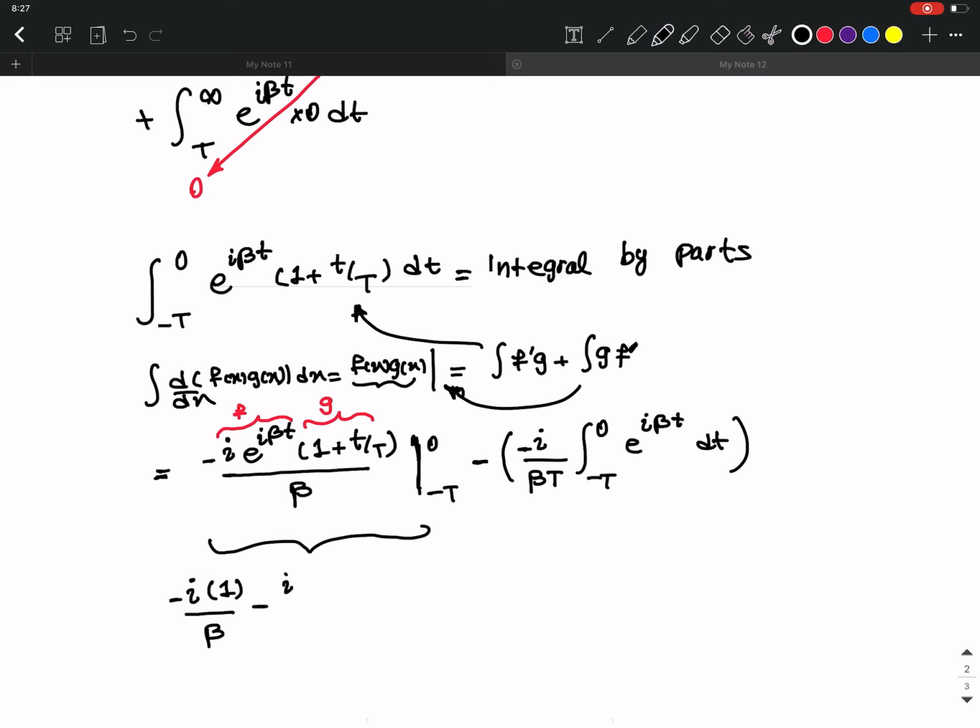So it's going to be minus i, so minus i, so it'll be plus. Then we have e to the power minus i beta t times 1 minus t over t, over beta. So this is just going to be 0, right? 1 minus t over t is going to be 0, so the whole thing is going to be 0.